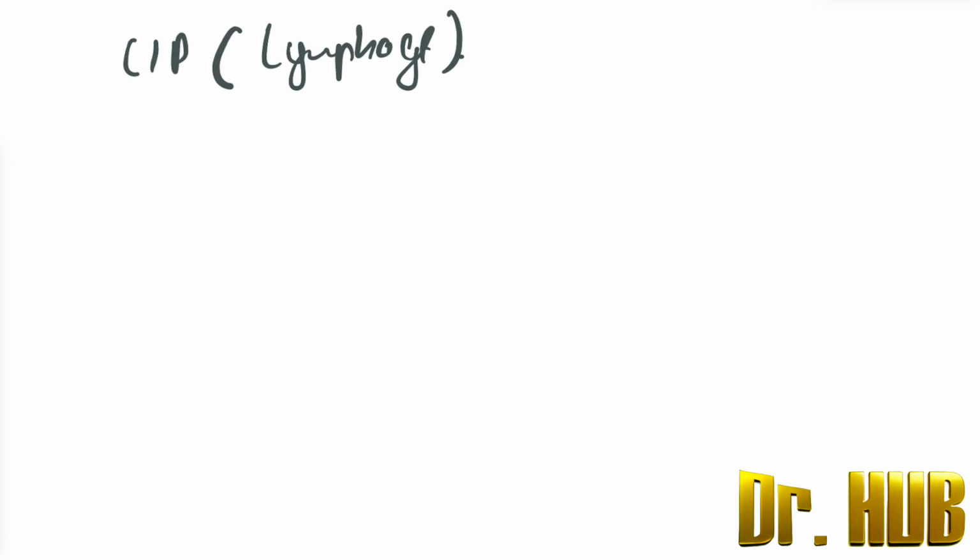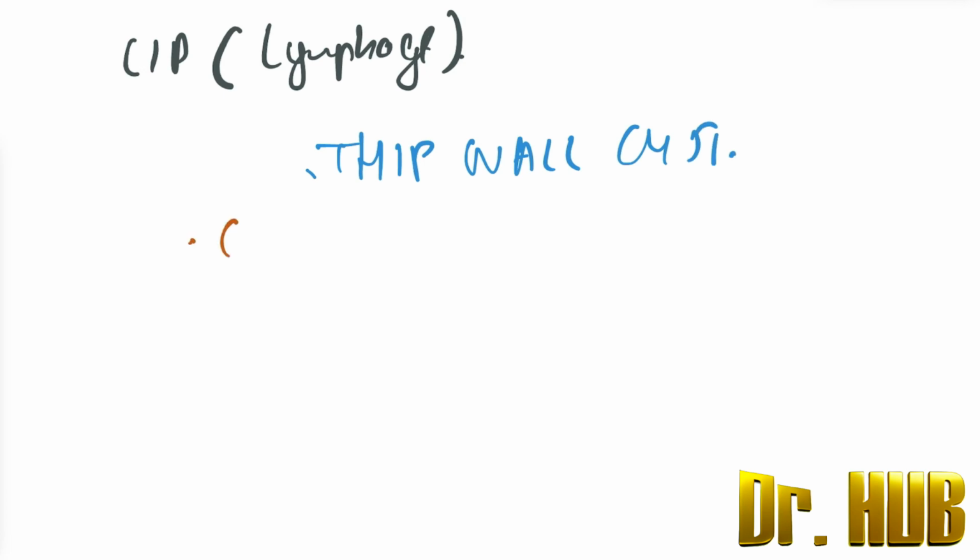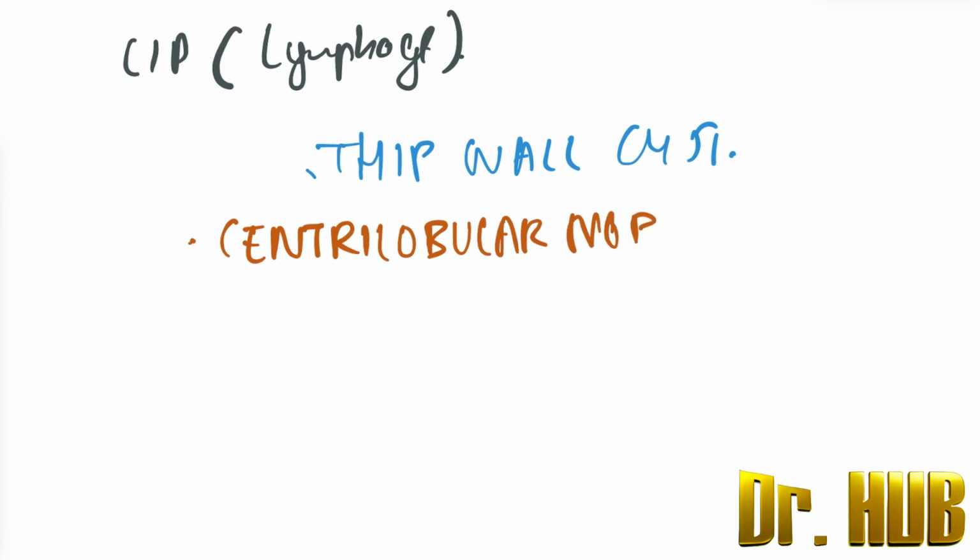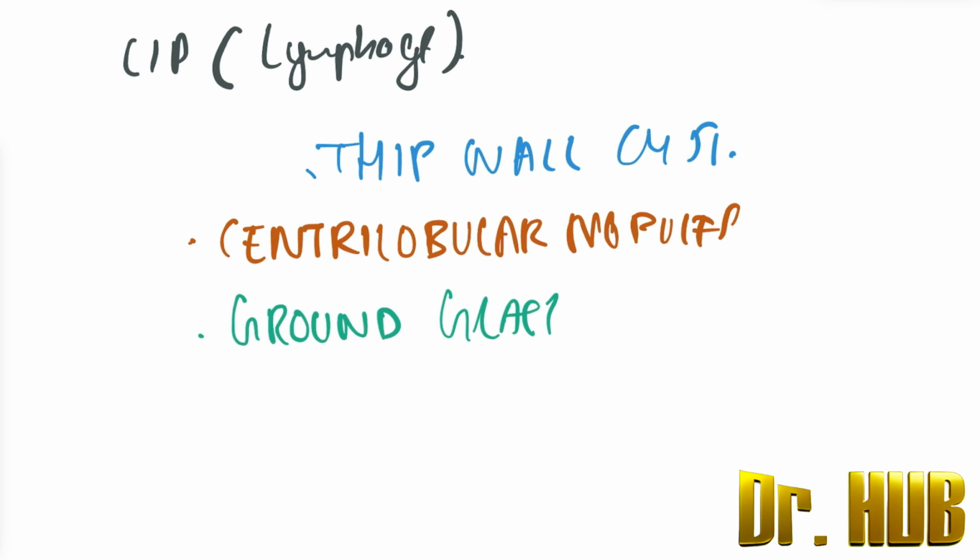They have the presence of thin-walled cysts and centrilobular nodules, and there is also the presence of ground glass opacities.